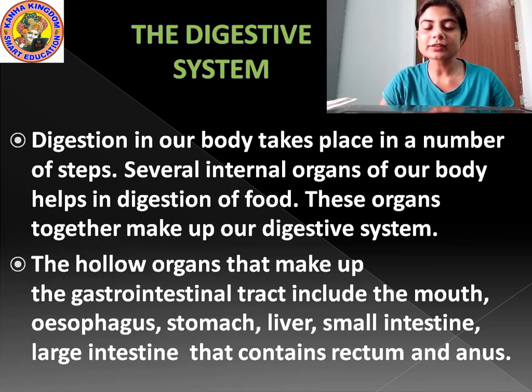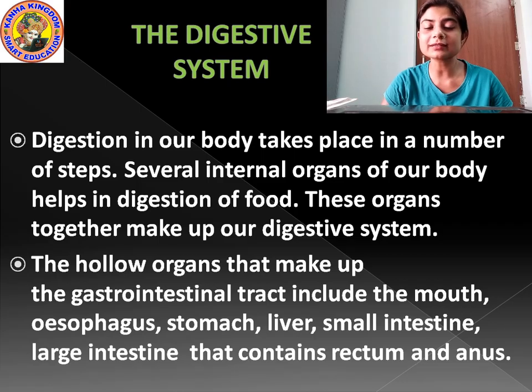How? Because the food that we eat, we need to chew. Yes or no? And for chewing the food, teeth play a very important role. The tongue, the teeth and the saliva in our mouth play a very important role. There are different internal organs involved in the process of digestion. Internal organs means the body parts that you have inside your body.